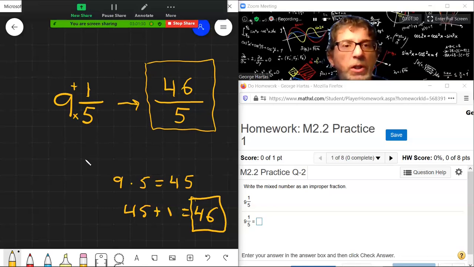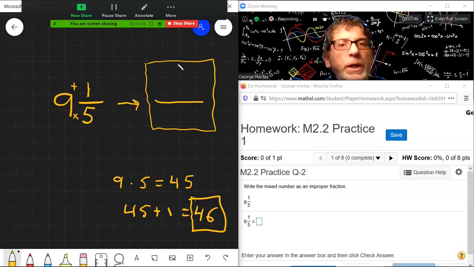Now you can think of it this way. Either way works. You can say, you know what, I don't want to confuse myself. I'm about to convert a mixed number into an improper fraction, and I don't want to get confused on what goes where, so I'm going to take this denominator and just put it right here.